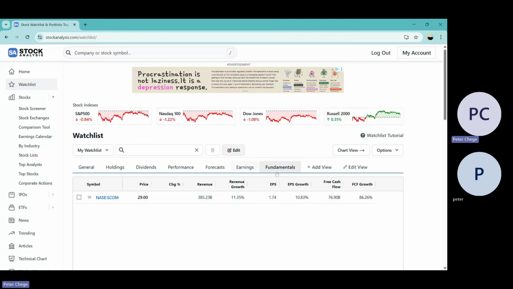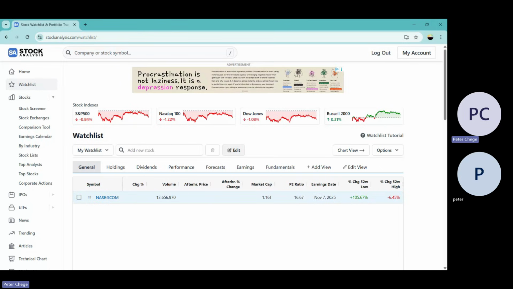That is fundamentals. Let's start with the general. This is where you can see the price, the volume that I've traded, and other issues which you may be interested in. And in the pro version, you're able to see additional details, which I don't want to go into details right now. Then you have holdings.